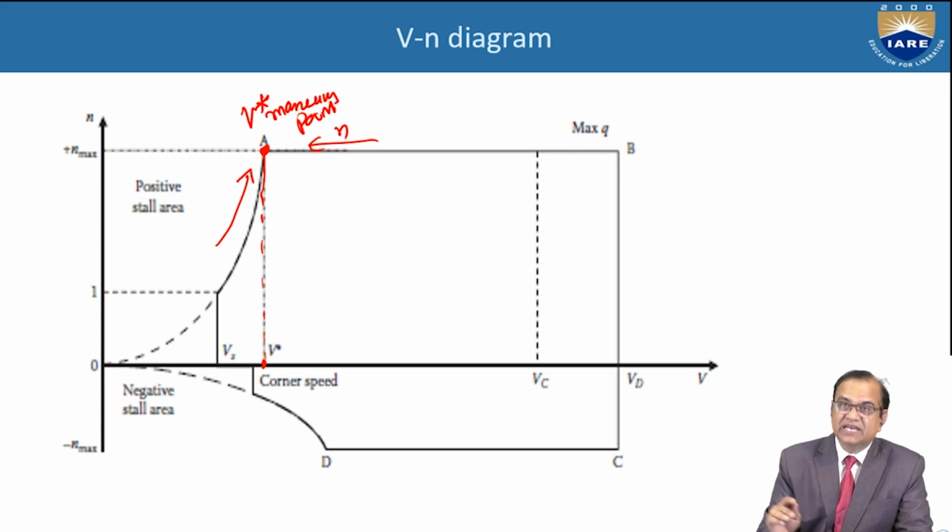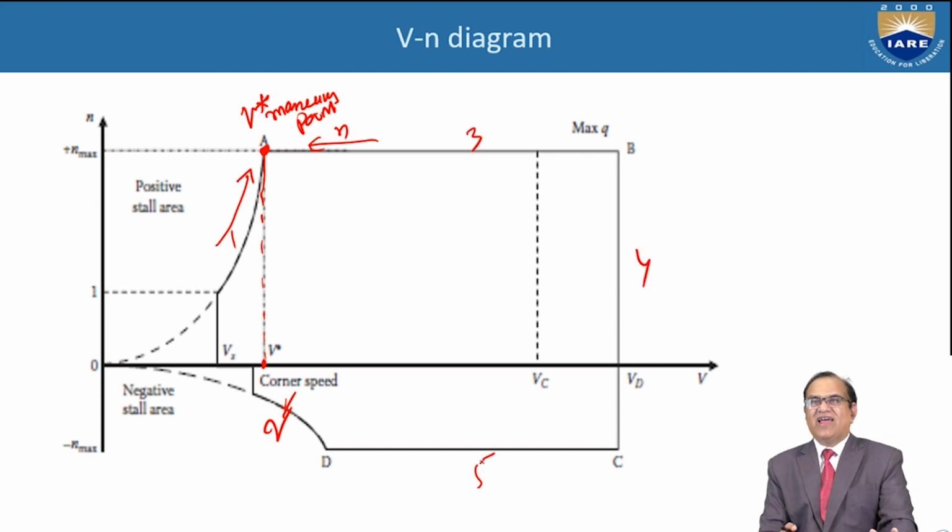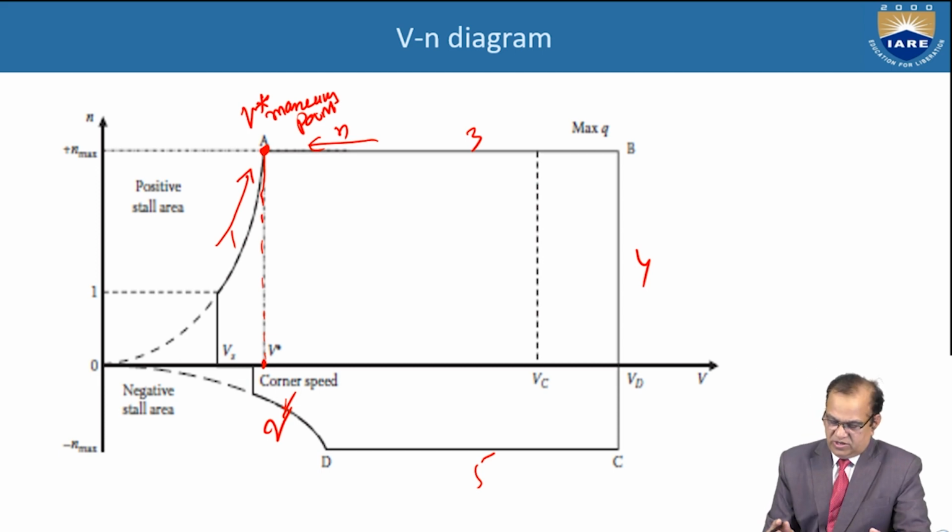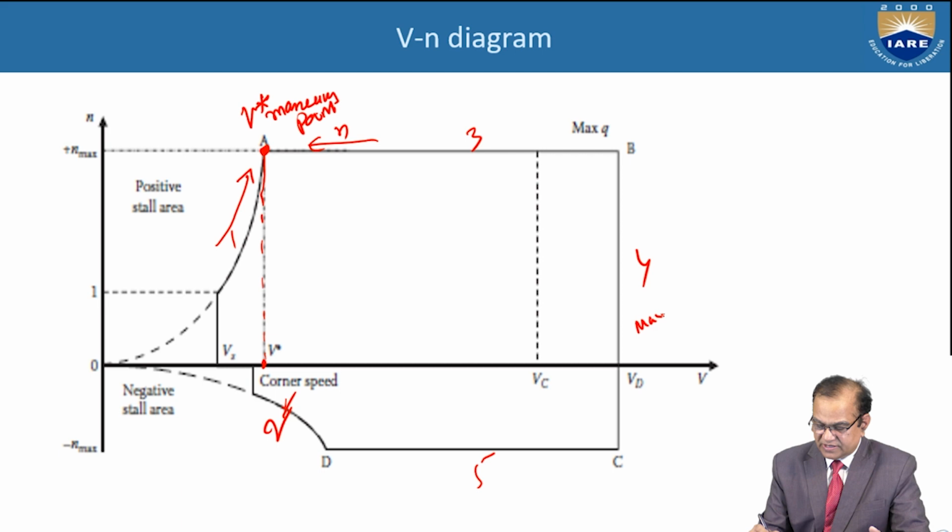And here if you see, I have discussed that there are 5 lines. These are the 2 curve lines, 1, 2, 3, 4 and the 5. There are 5 lines, and this VD is the maximum velocity.